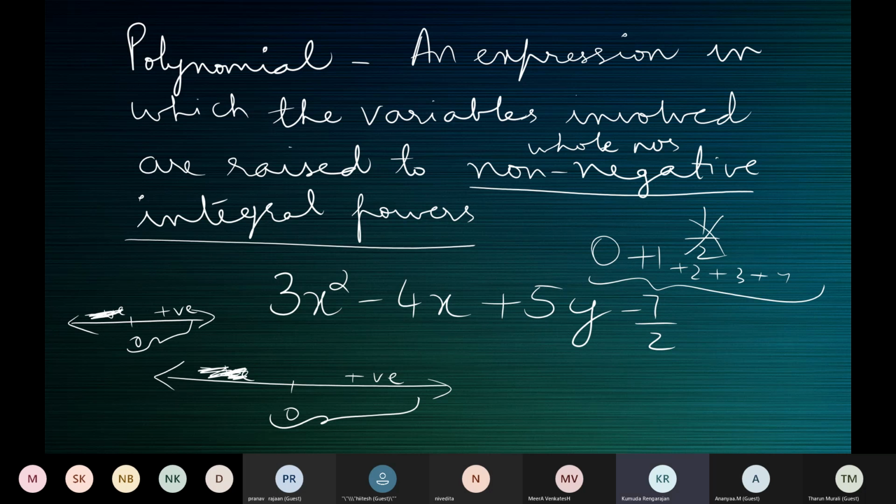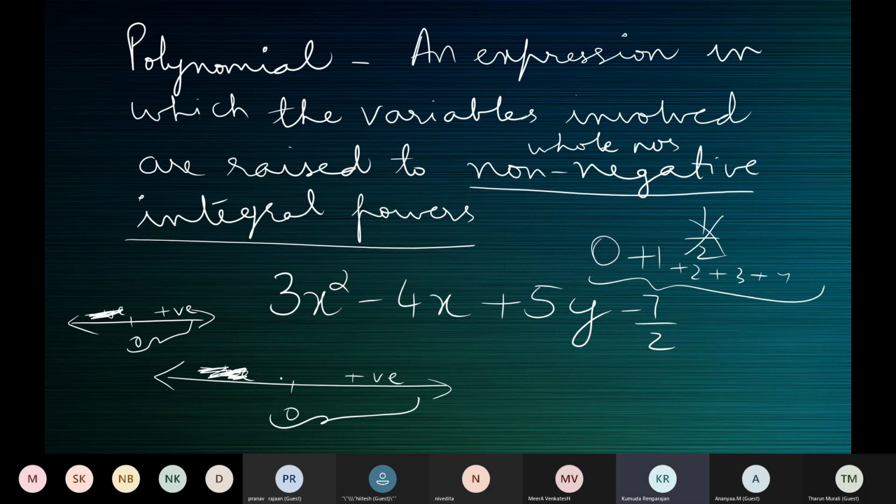The power can be any integer power, but it should be non-negative, meaning 0 or positive integers. So the phrase non-negative integral powers means whole numbers. Simply remember whole numbers.